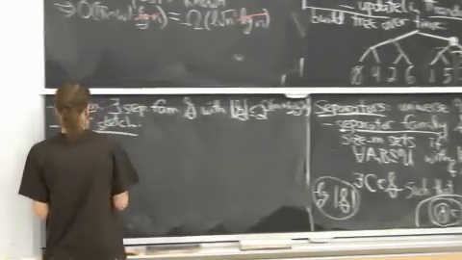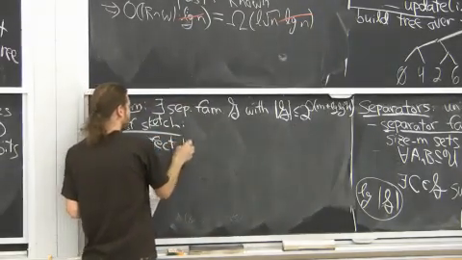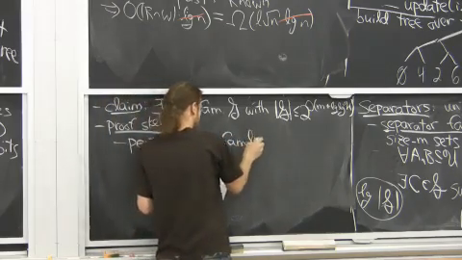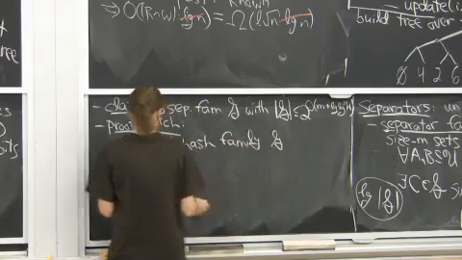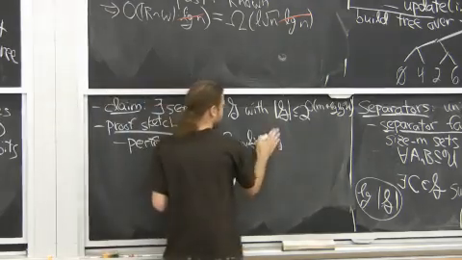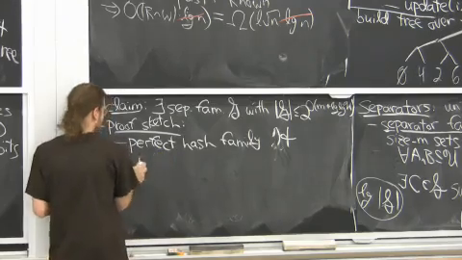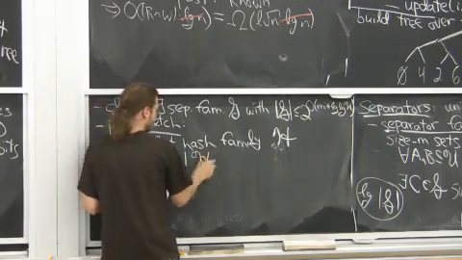So we're going to use this fact that there is a set of perfect hash functions of the same size. Sorry, that should be H. This is what's really true.